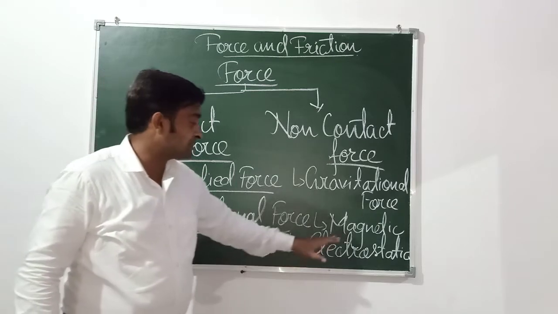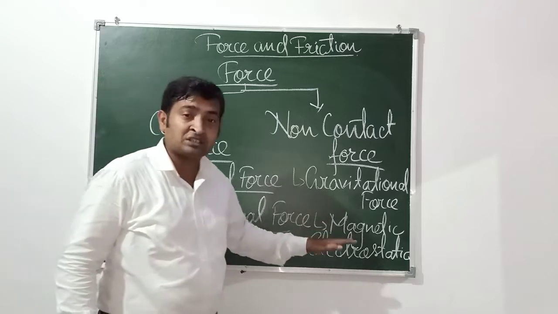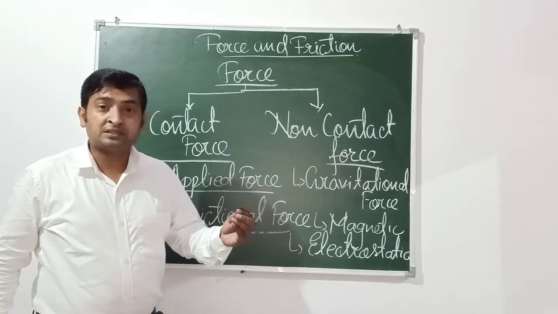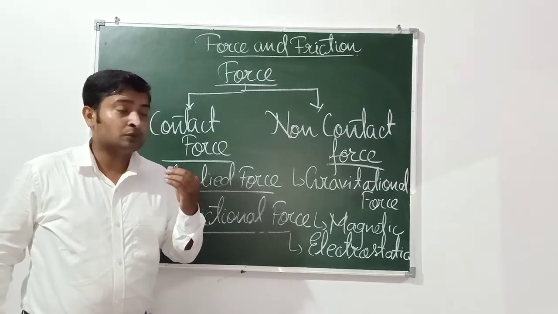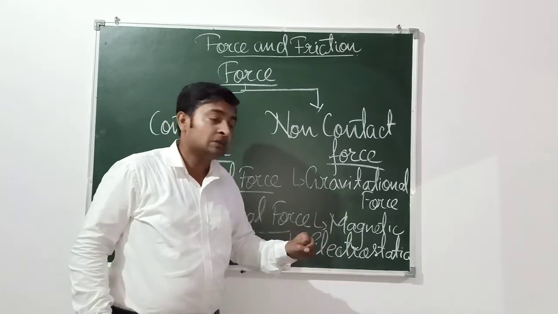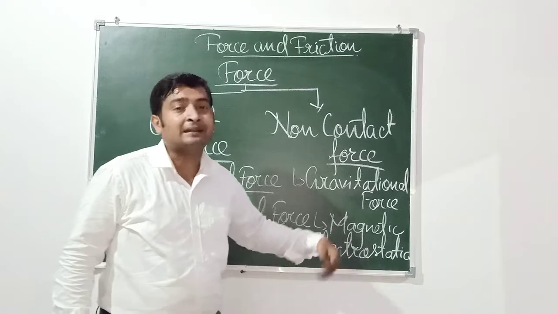Okay. The next is magnetic force. What is magnetic force? It is the force which is applied by the magnets onto the iron objects, iron, nickel. Okay, these are some of the objects which attract towards the magnet when the magnet comes closer to them. Another thing, magnet used to attract another magnet.